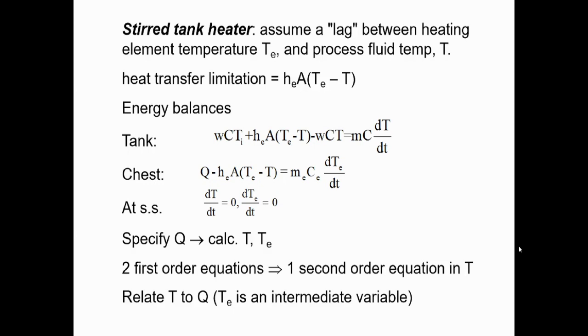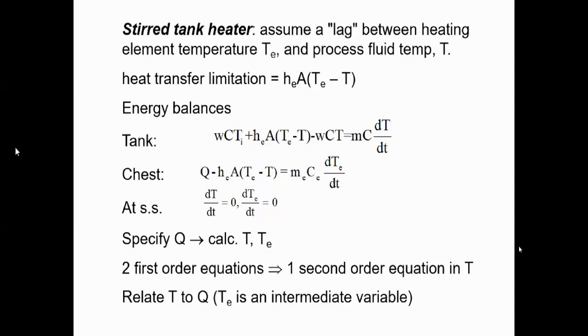Even in the process of stirring the water inside a tank using a heater, if there is lag between heating element temperature and process fluid temperature, then we have the heat transfer limitation of h_E times A (T_E minus T). Therefore, in this case, energy balances will be changed accordingly. So this is when talking about lag.